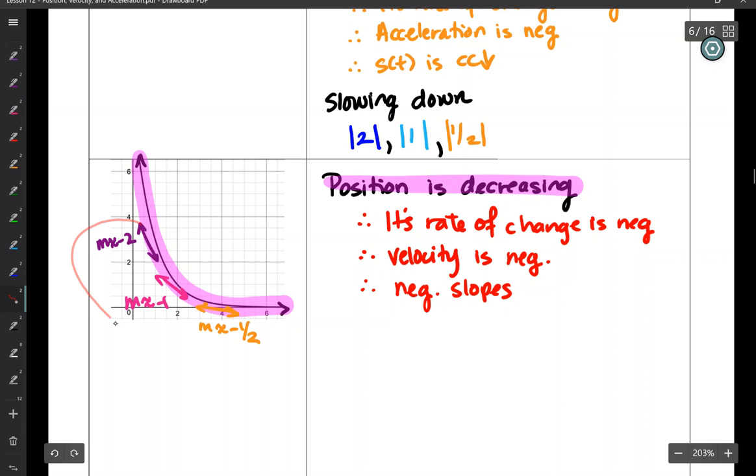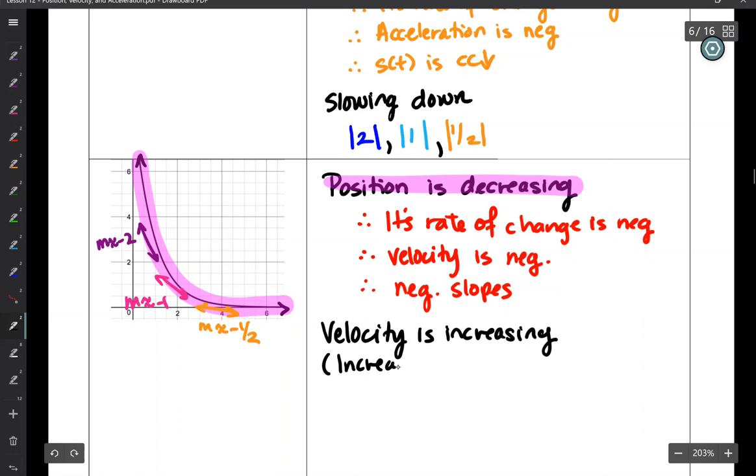Those numbers over time are increasing. You're in debt $2, then you're in debt $1, then you're in debt half a dollar. Oh yeah, I'm going in the right direction. Velocity is increasing. Increasing slopes. -2, -1, -0.5.